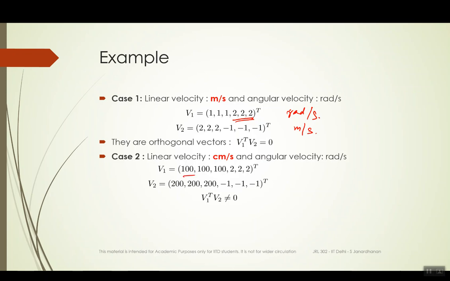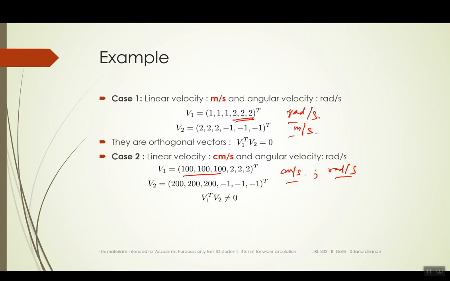In the second case, I am using a linear change in basis. Instead of meters per second for the linear velocity, I am writing it in centimeters per second, and the angular component is anyway radians per second. So I am using the same vector, not changing the vector. I have just scaled the vectors, representing them in a different unit.